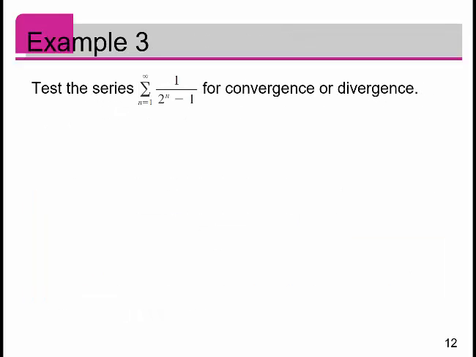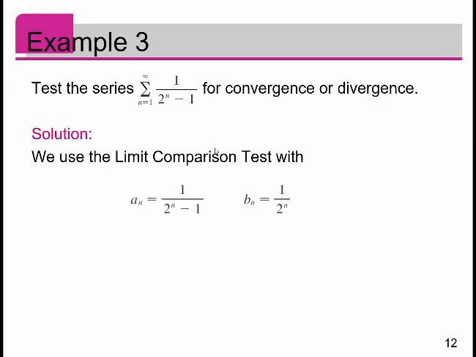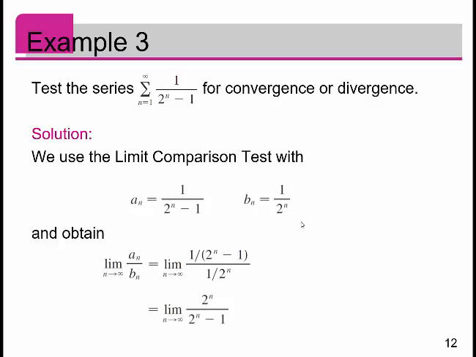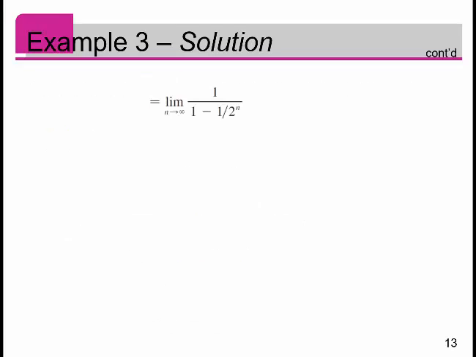All right, so let's test this series for convergence or divergence. We use this limit comparison test. Here's my a sub n, here's my b sub n. We know b sub n converges. So when you look at the limit, we have the following here. As n goes to infinity, I'm going to simplify it to get this.